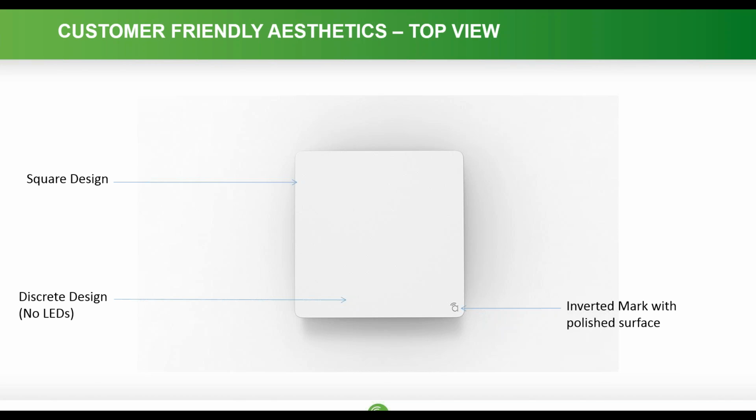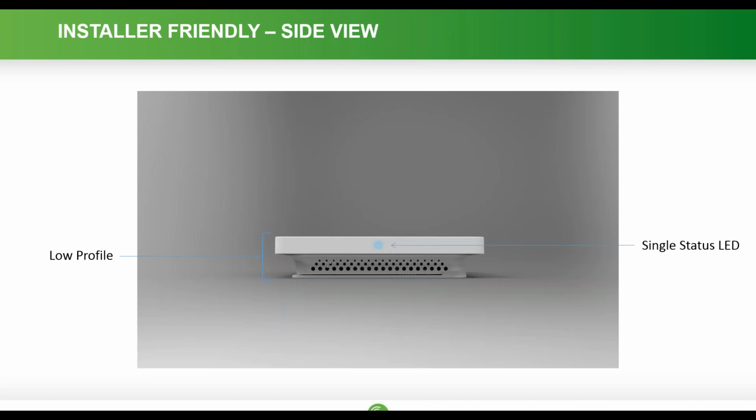When we were in the field, we saw those access points being installed in living rooms and bedrooms, and the last thing that the consumer wants at 2 o'clock at night when it's pitch dark is a couple of LEDs blinking at them from the ceiling. So that's why we had minimal branding, no LEDs on top, square design, just install this thing as silent as possible. From a side perspective, you can see the side profile is very minimal, it's very low profile.